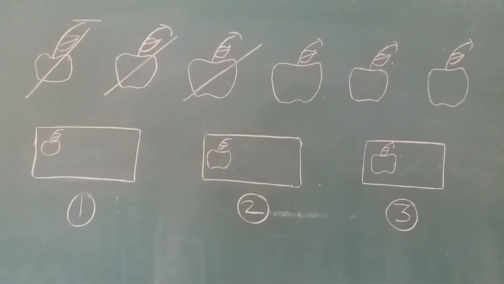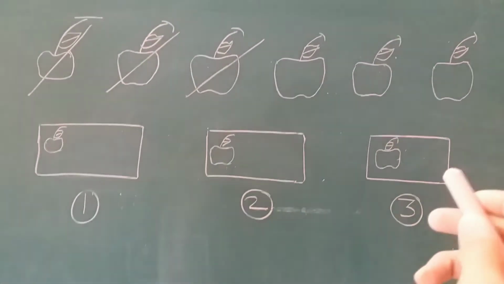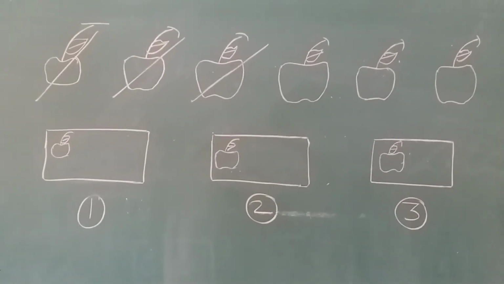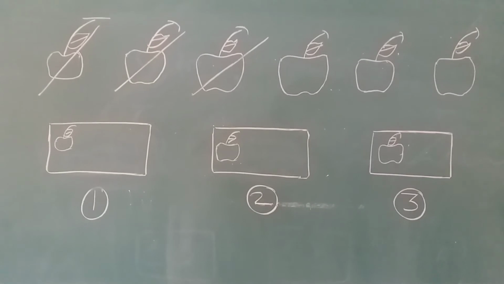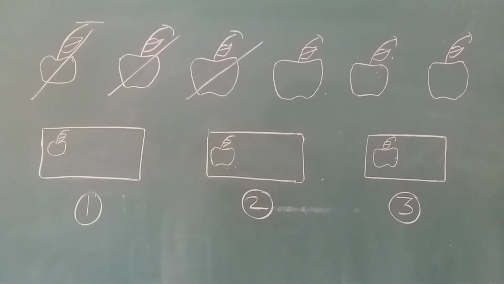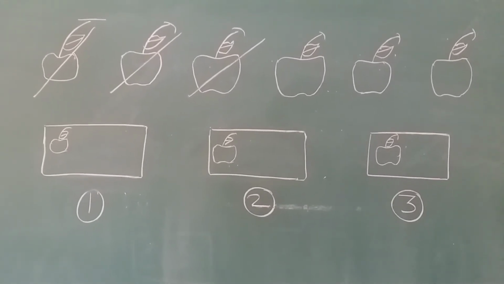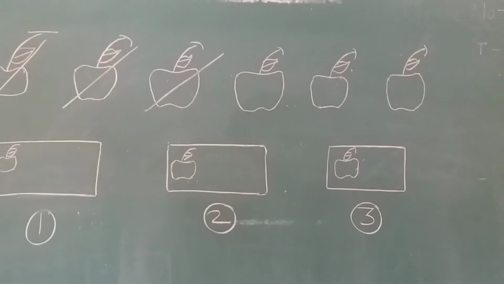Now children, you can see that I have given 1 apple to each group. Yes, it means from these 6 apples, I have taken out 3 apples in the first time. Okay, now I am left with 3 more apples.